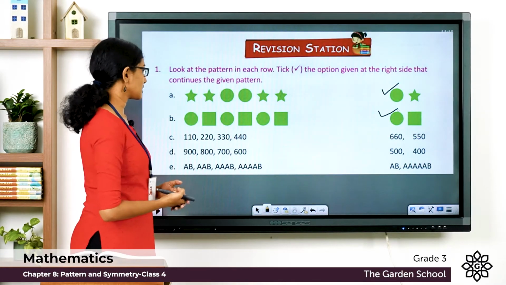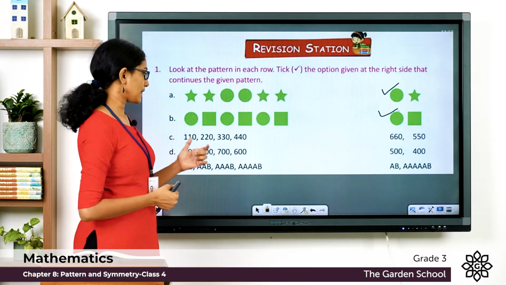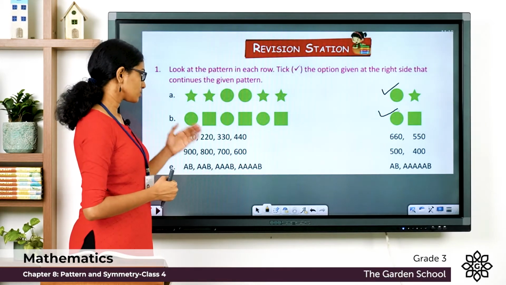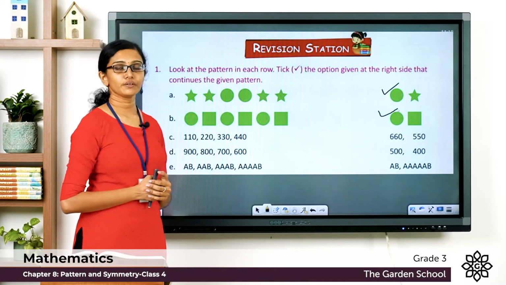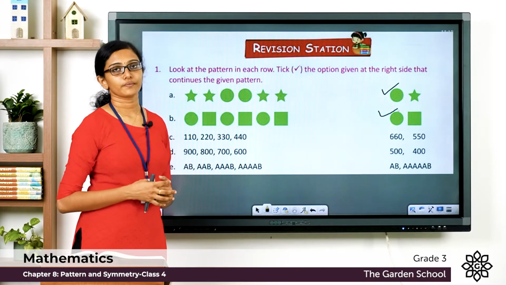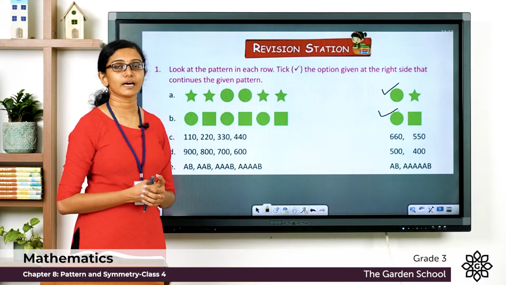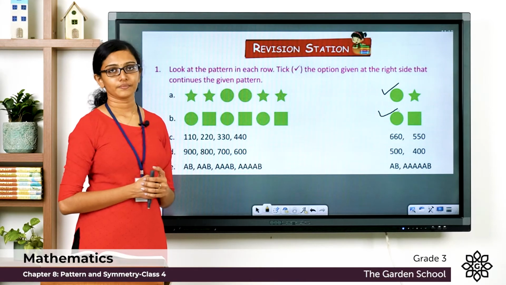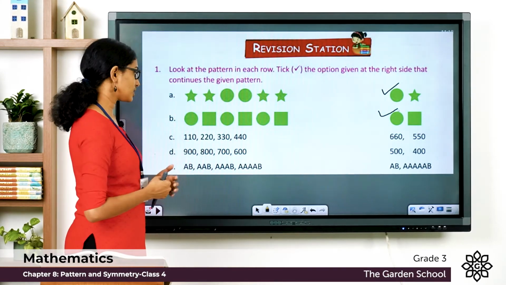Now the third question is a number pattern. Look at the numbers given in the pattern: 110, 220, 330 and 440. You see the numbers are increasing or growing. So this is an example of a growing or increasing pattern in numbers. And can you identify what is the pattern rule for this number sequence?